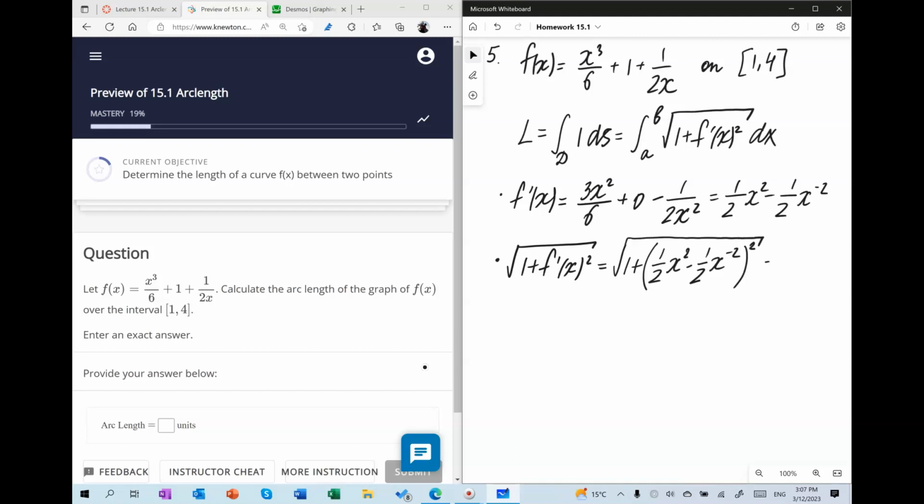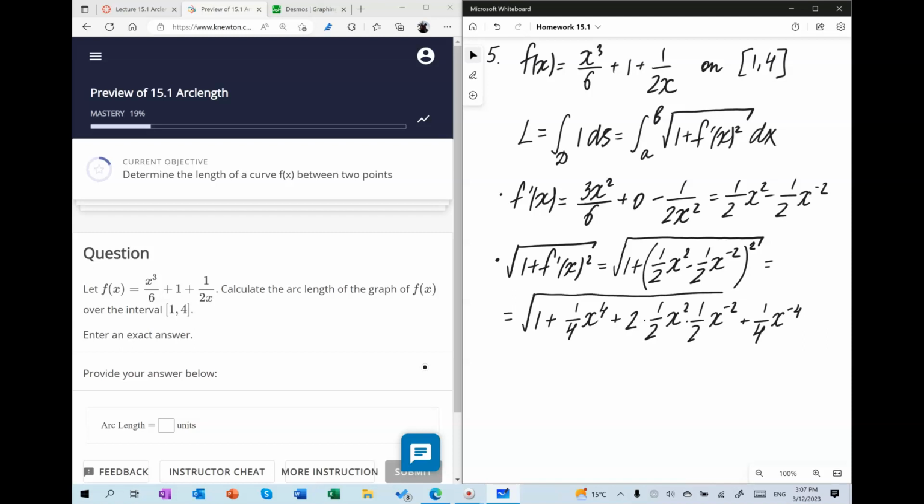So there's a square here. Now I'm going to use nothing but algebra to square this expression. So it's going to be 1/4 x to the power 4 plus 2 times 1/2 x squared times 1/2 x to the -2 plus 1/4 x to the -4.